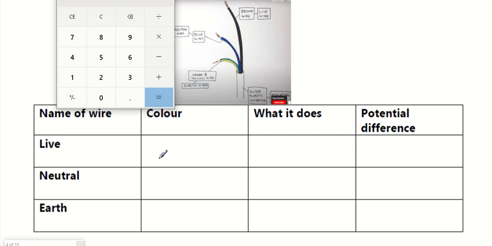Right, I want to remind us of our live wire. Our live wire is the brown wire. The brown one goes right. You know what I'm going to do, I'm going to change that to be brown when we say it. So we've written it in brown.